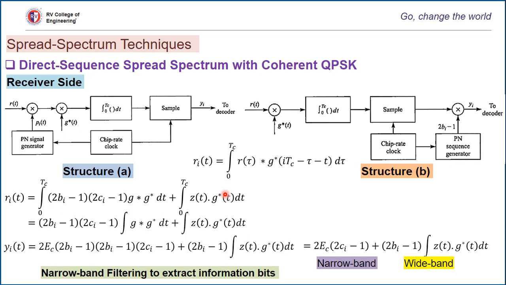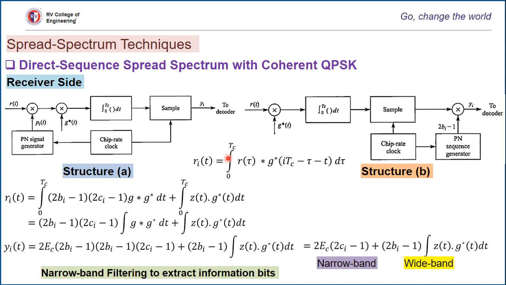This ends the implementation and mathematical understanding of the structure of the direct sequence spread spectrum technique, in particular with coherent QPSK. In this video, we saw the spread spectrum technique, in particular the direct sequence spread spectrum technique, how the PN sequence directly gets multiplied with the information bearing signal sequence, and then it is transmitted from the transmitter end, and how it is demodulated at the receiver side.